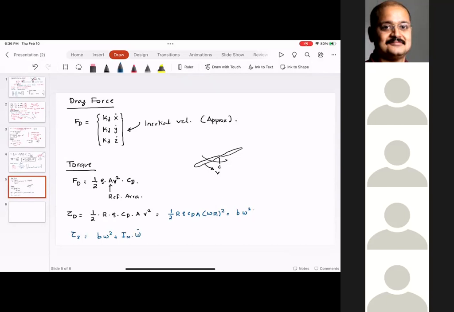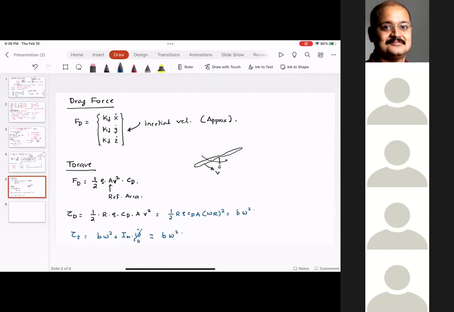So basically that is the torque tau, and b is basically assumed as the drag coefficient, and this equation is valid when omega is changing. If omega is not changing, if omega dot is equal to 0, then this expression can be approximated as b times omega square.